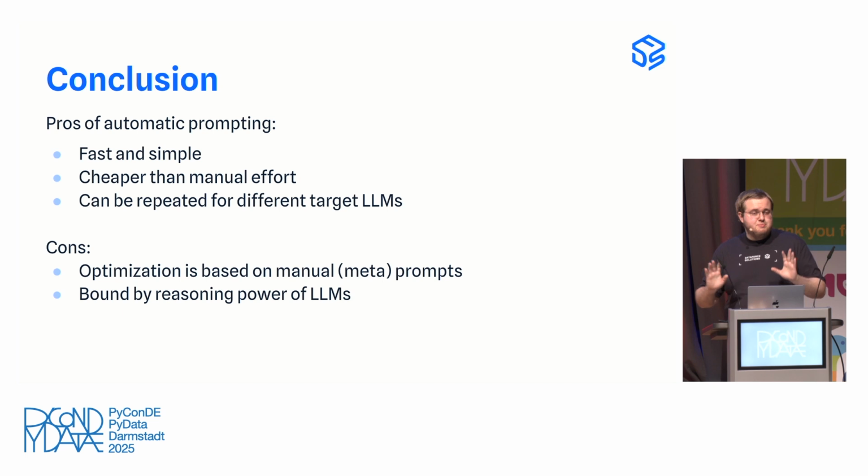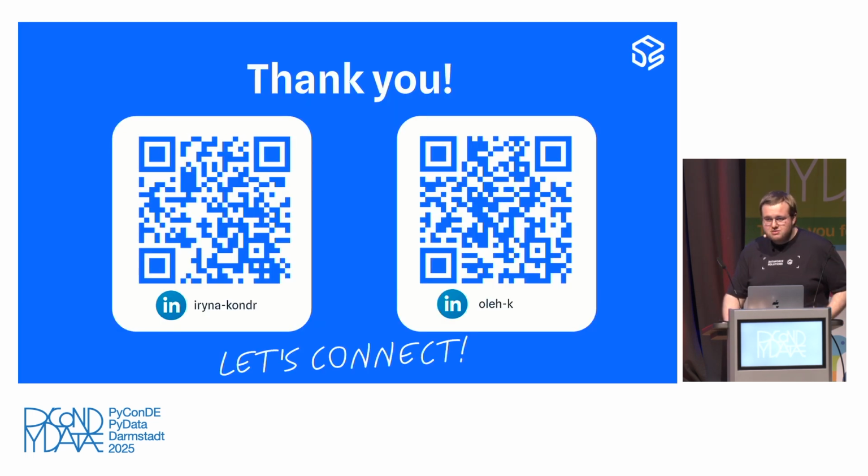Therefore, it is probably too early to declare the death of manual prompt optimization for now. However, automatic prompting is for sure a viable alternative, and we encourage you to try it yourself for your specific use case.